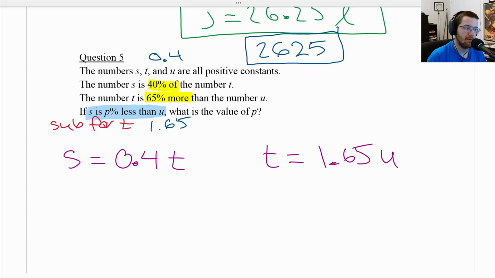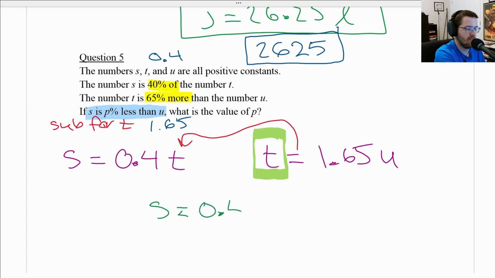Well, very conveniently, we already have T by itself in one of the equations, so we can take this and substitute it into the other one. So we can write this as S equals 0.4, and then instead of T, we're going to put its equivalent, 1.65 U.